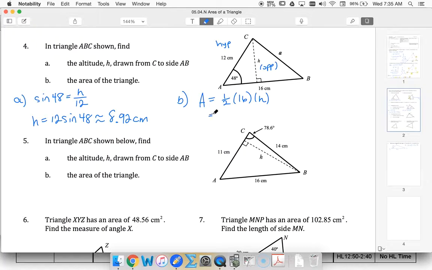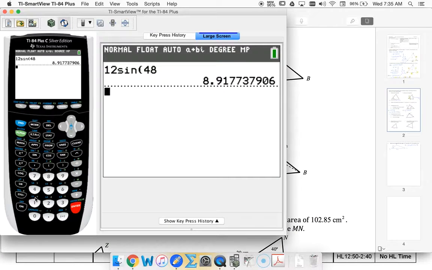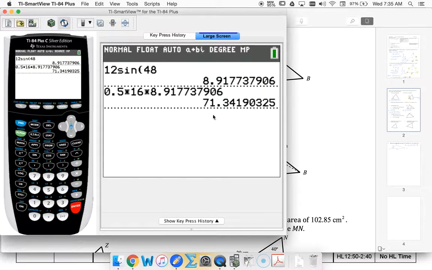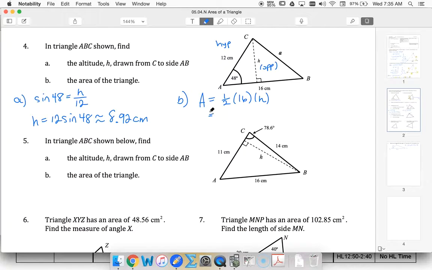So then I can put that into my calculator. 1/2, so I'm just going to use 1/2 times the base times my previous answer, 71.3, so that's approximately 71.3 centimeters squared.